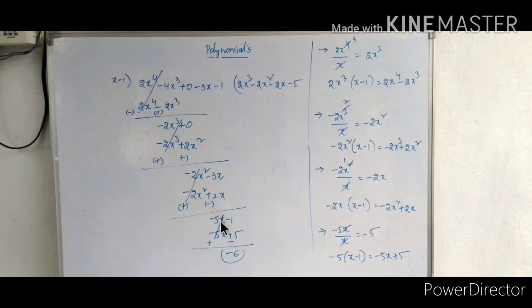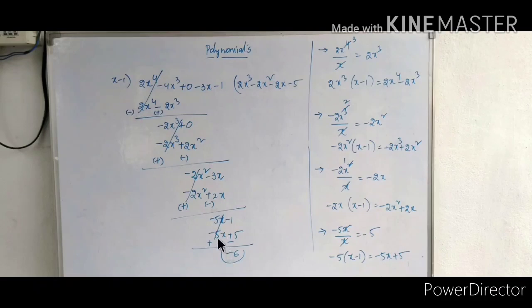Divide this remainder's first term with our divisor. That is equal to minus 5x by x, that is equal to minus 5. It becomes the fourth term in our quotient. Multiply this quotient's final term with our divisor.